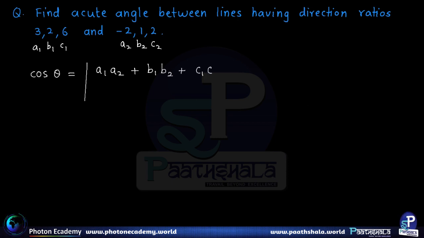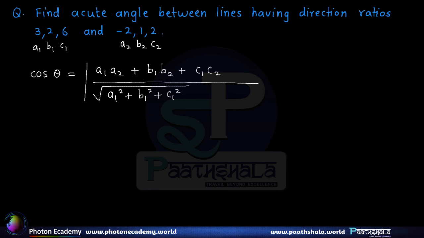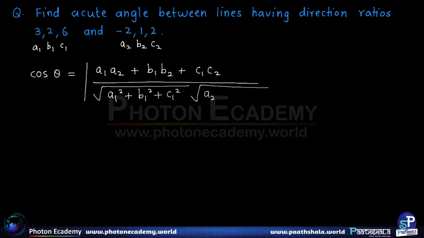plus C1 C2 whole divided by root of A1 square plus B1 square plus C1 square into root of A2 square plus B2 square plus C2 square. Right? So we put in the values.